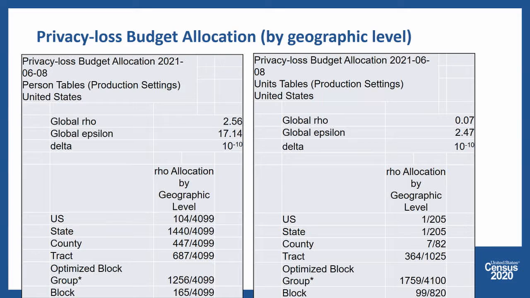And as I mentioned before, knowing those allocations is a critical component to being able to estimate the amount of variance in the noisy measurements due to DP error. You also need to know, however, how much privacy loss budget was allocated to each individual query at each of those geographic levels.